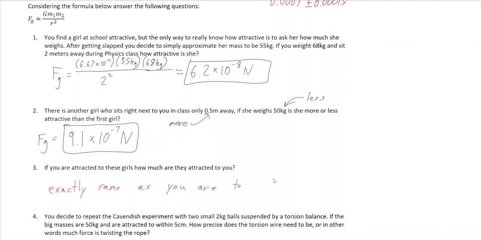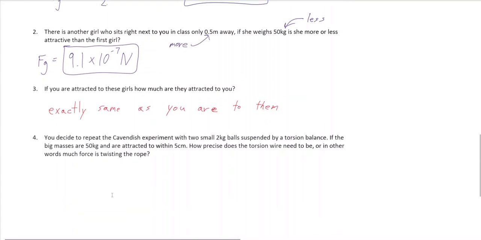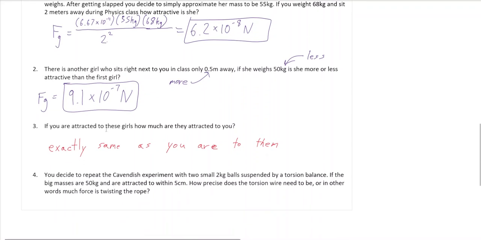Which is great, because you always want to be attracted to the same people that are attracted to you, right? So exactly the same values, you can do the same calculation, but it doesn't matter if you switch the masses, right? That 55 could go there or here, and the 68 could go there or there. It doesn't matter as long as you have both 55 and 68. You could swap the positions of those, and you'll still get 6.2 times 10 to the negative 8. It'll be the same either way.